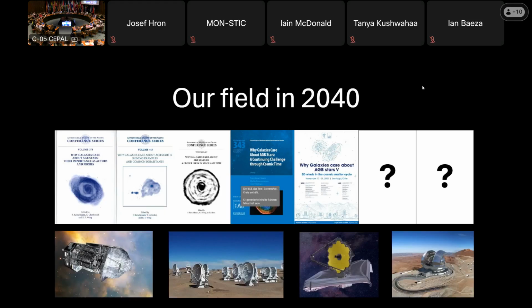When I was arriving here, I was thinking back a little bit, and you see with this sequence of proceedings and posters that we can look back 20 years, 19 years. 2006 was the first incarnation of this Why Galaxies Care about AGB Stars meetings.